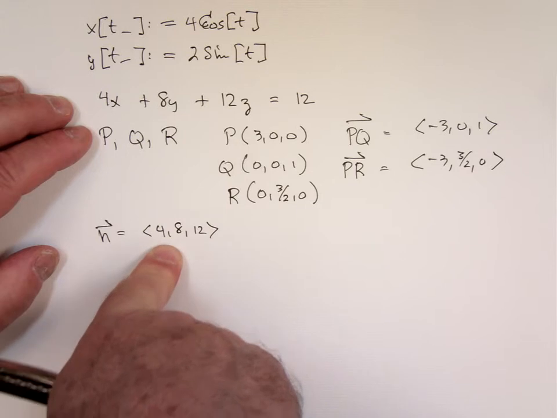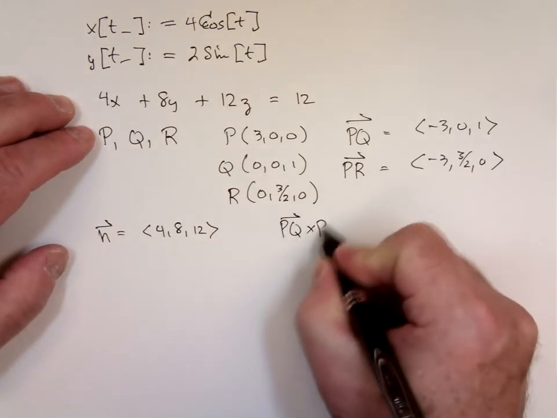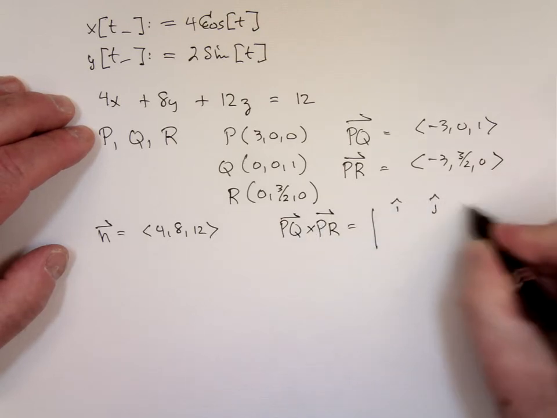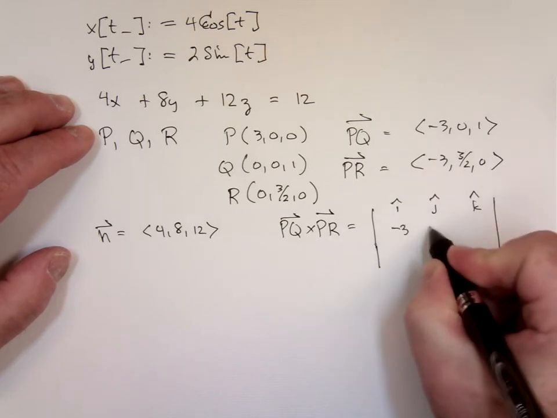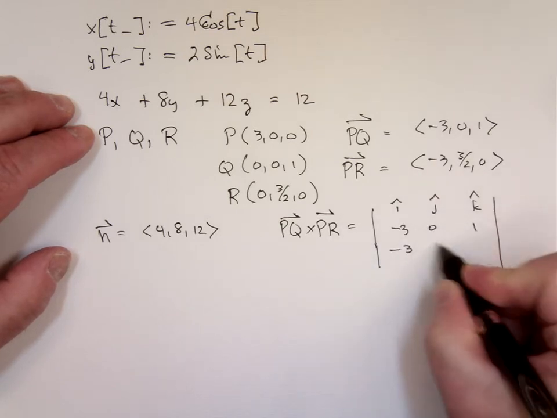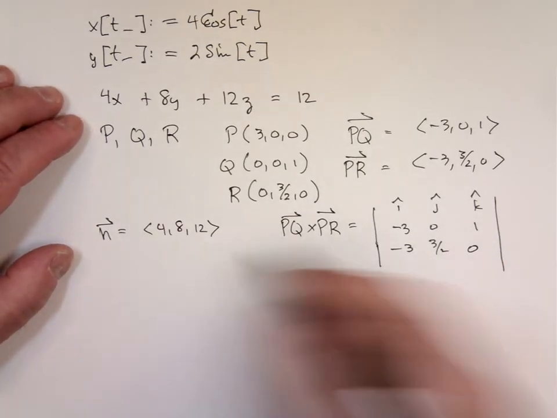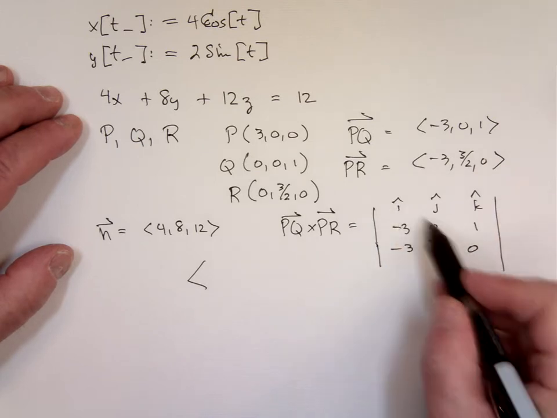And you can see it. Let's just do this, and then I'm going to start the next chapter. I, J, K. Negative 3, 0, 1 and negative 3, 3 halves, 0. So what I'm going to get here is a vector. Cross this out, it'll be 0 minus 3 halves.